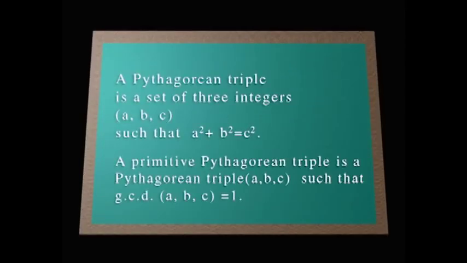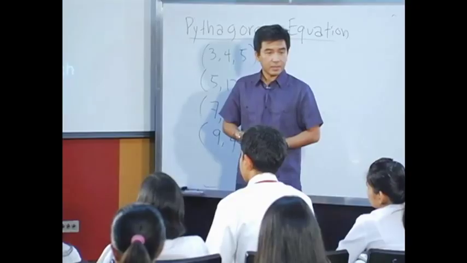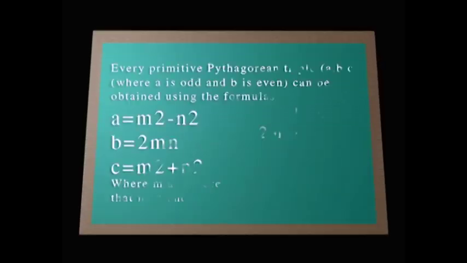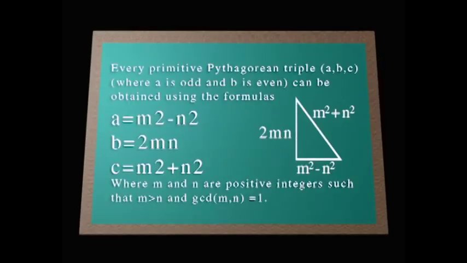Every primitive Pythagorean triple (A, B, C), where A is odd and B is even, can be obtained using these formulas. A is equal to m squared minus n squared. B is 2 times mn. And C is equal to m squared plus n squared.